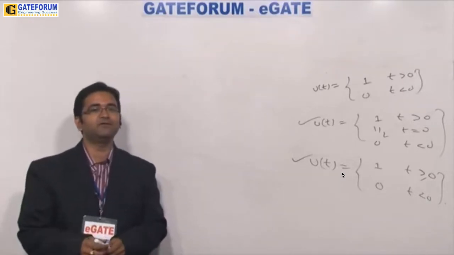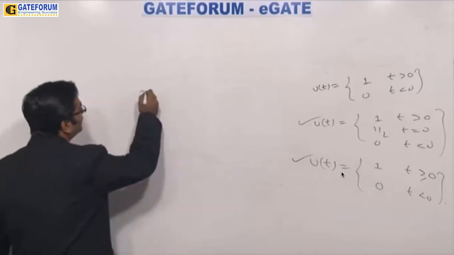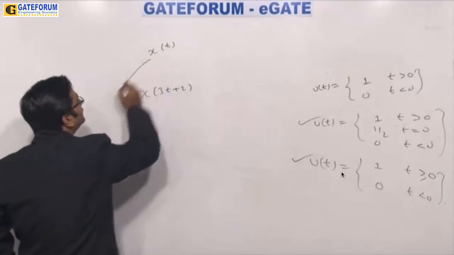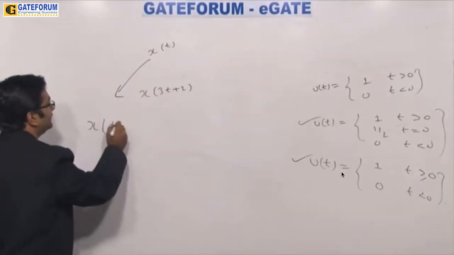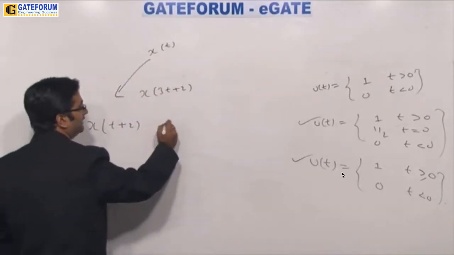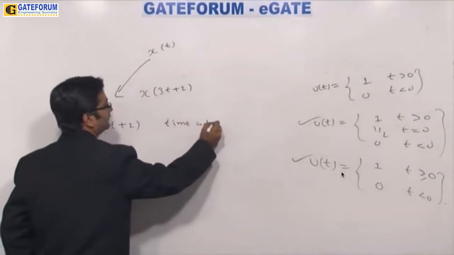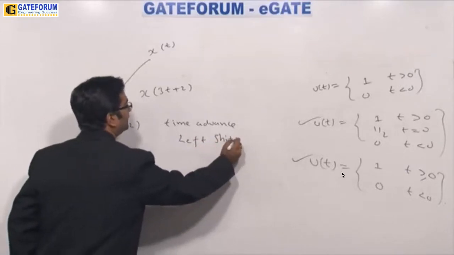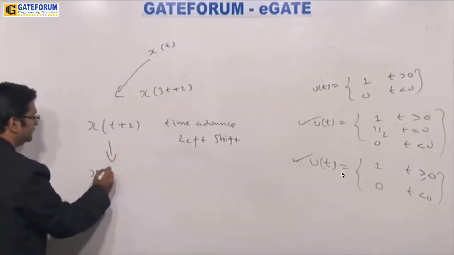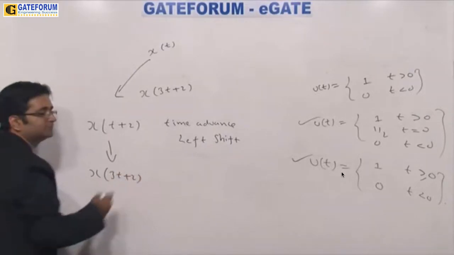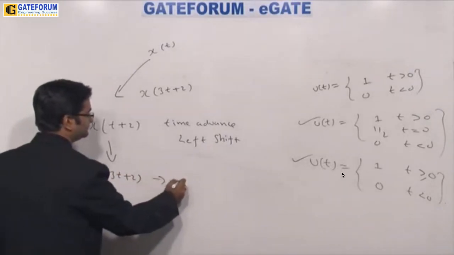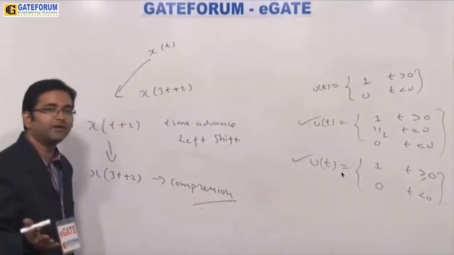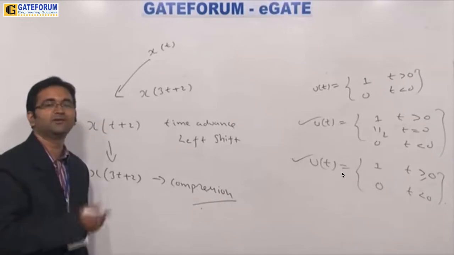Once you give me some x of t, see, if you want to plot x of 3t plus 2, and x of t is given to you, first thing is you shift it by 2, which is a time advance or left shift, and then you scale this by 3 and you will get 3t plus 2. This leads to compression. So once I know x of t, I can do it. If x of t is not known, I cannot do it.